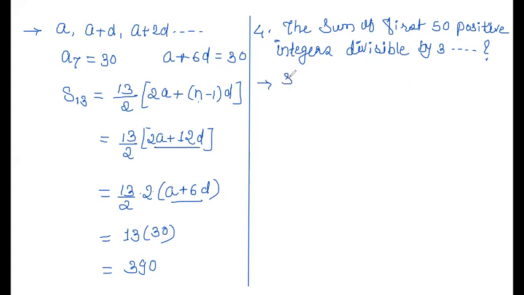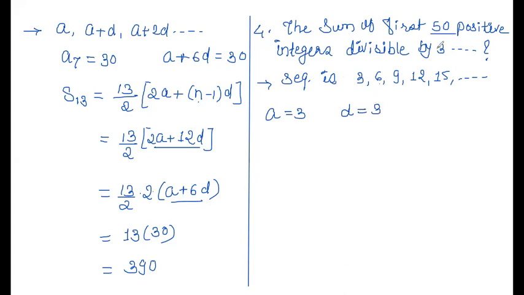So the sequence we are considering is the multiples of 3 only: 3, 6, 9, 12, 15. We take only those multiples. Here the first term is equal to 3, and the common difference d is also 3.